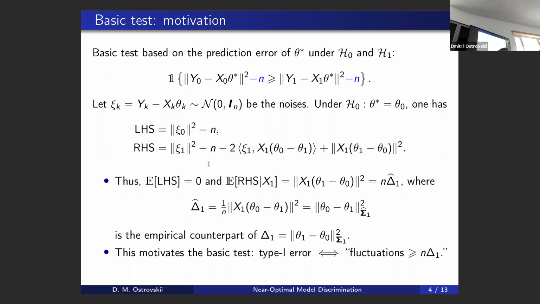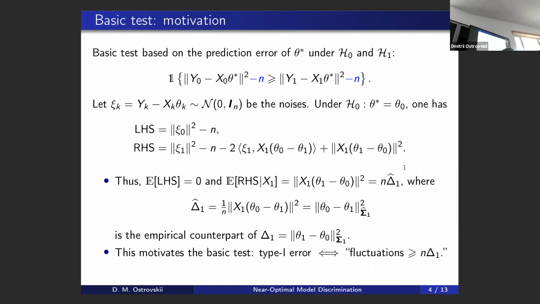So actually, that means that the expectation of the left-hand side is 0 under H0, and of the right-hand side, because the cross term, conditionally on x1, is 0 mean. So my model is well specified, right? That means that if I fix x1, xi1 is still Gaussian, independent Gaussian.